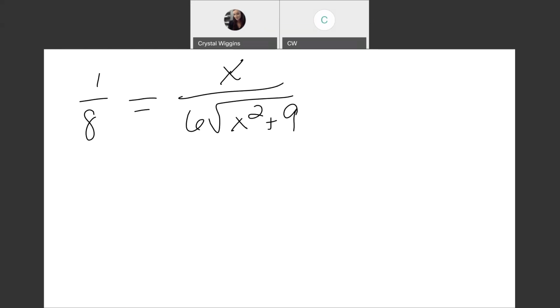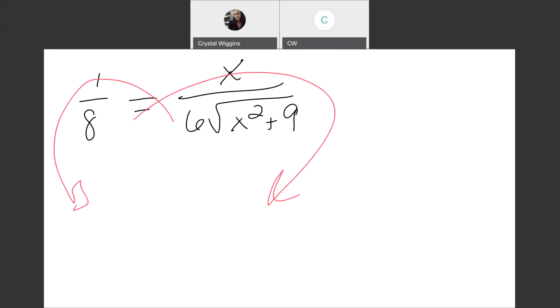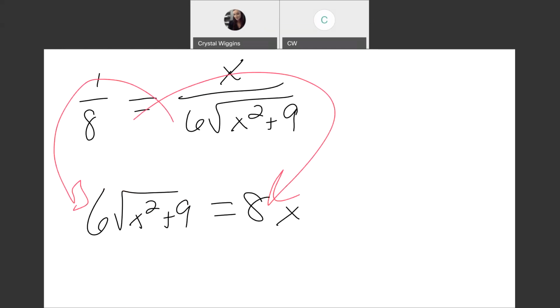Now let's get rid of this fraction by cross multiplication. So we have 6 times the square root of x squared plus 9 is equal to 8x.